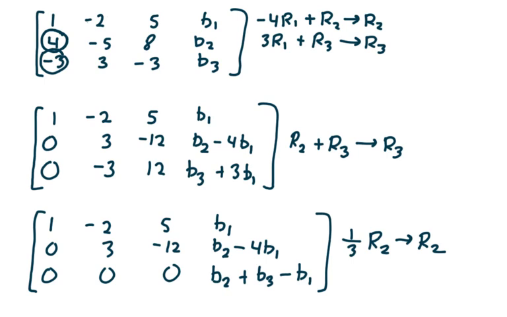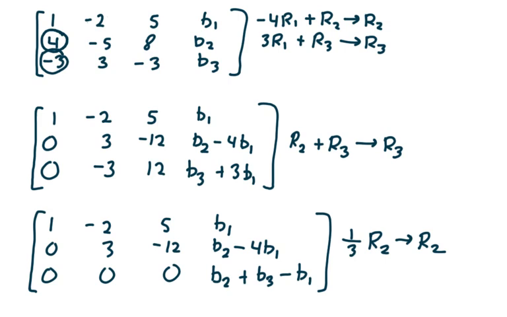When I do that, row 1 doesn't change, and so I get 1, negative 2, 5, B1, 0, 3, negative 12, B2 minus 4 B1, and then 0, negative 3, 12, B3 plus 3 B1.